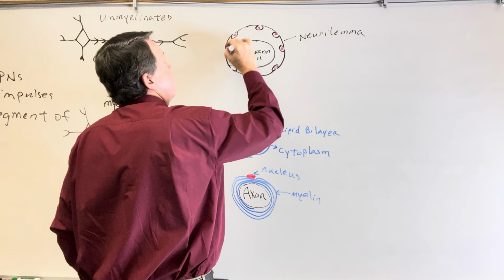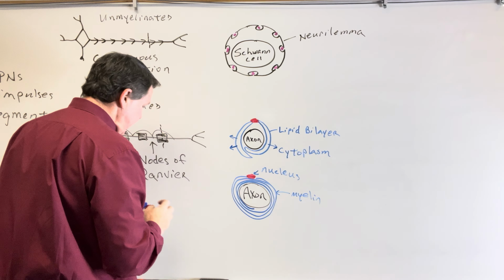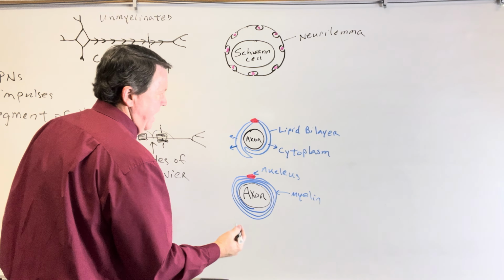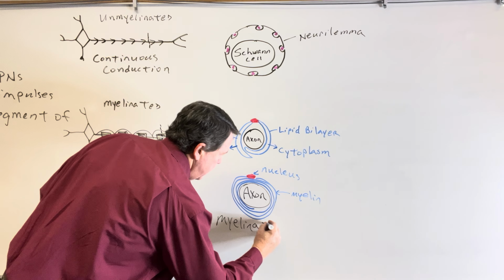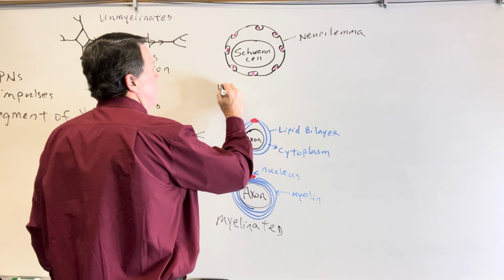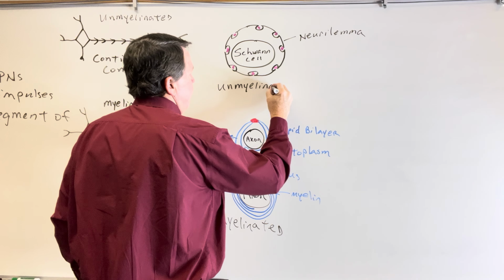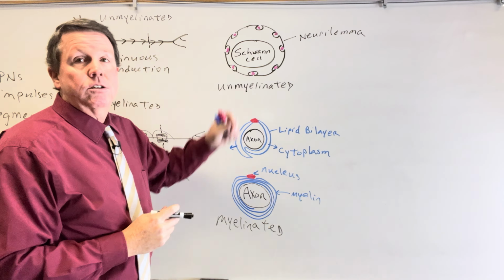So you can see when it's unmyelinated, the Schwann cell actually holds many axons. Here, it just wraps around one axon. So this is going to be myelinated. All right, and this is going to be unmyelinated. Okay, so that's how that's going to look, right?